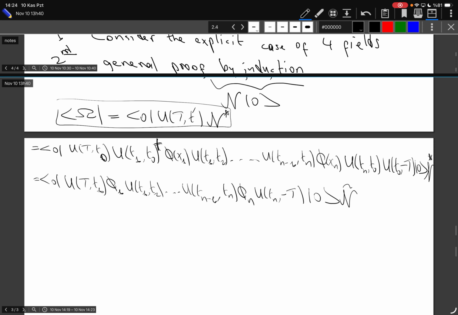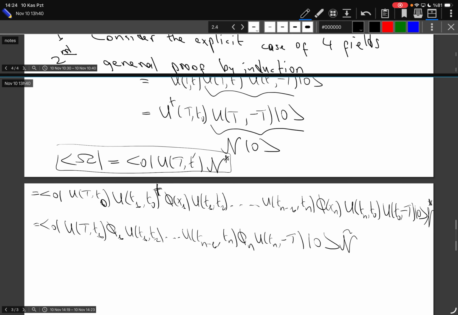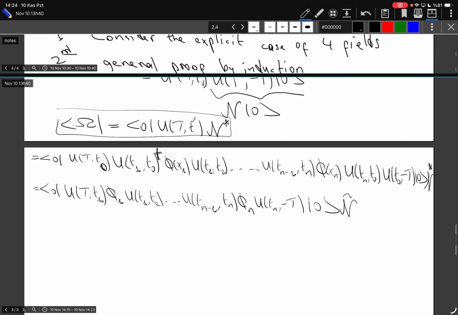Now, everything is time ordered here. But since everything is time ordered, this is equal to the time ordered product, phi 1 to phi n. Remember, within a time ordering, I can just put operators wherever I want. The time ordering will take care of where they will actually go.